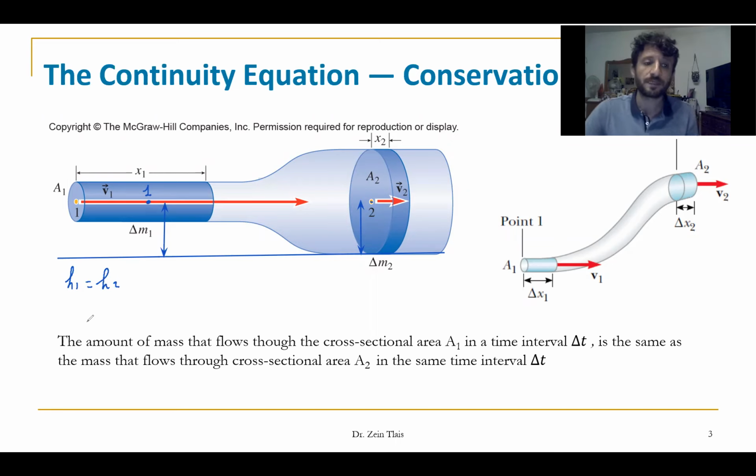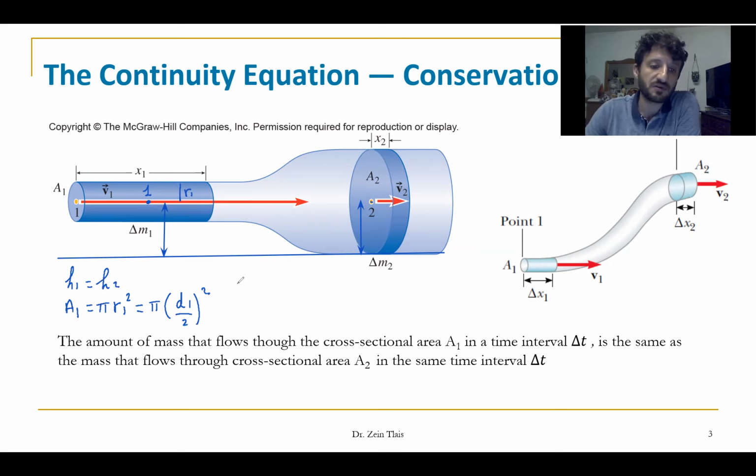The second point, the area, the section of the tube at the point 1: A1 equals pi r1 square. R1 is the radius of this tube. Or it can be calculated in function of the diameter, equals pi times d1 divided by 2, squared.